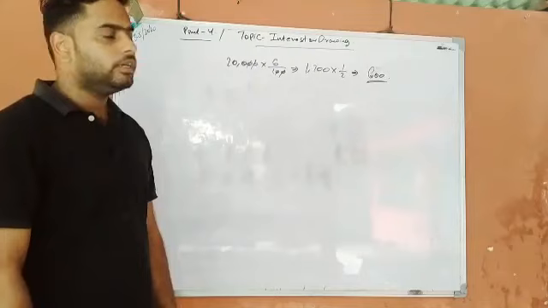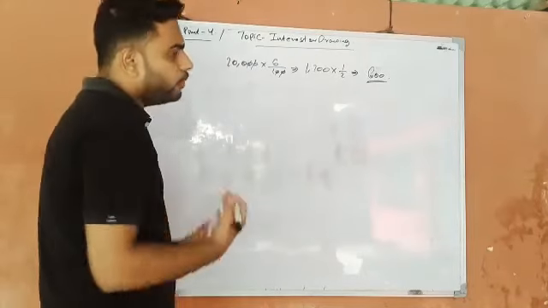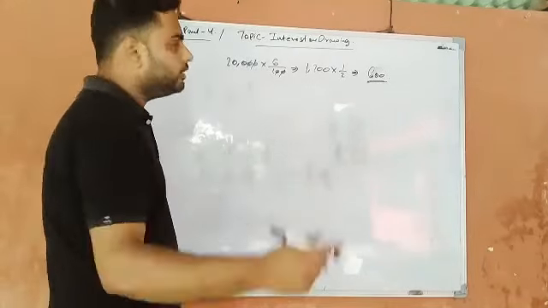After this, we have category questions. The number one category is monthly. So in that monthly, three cases are there.